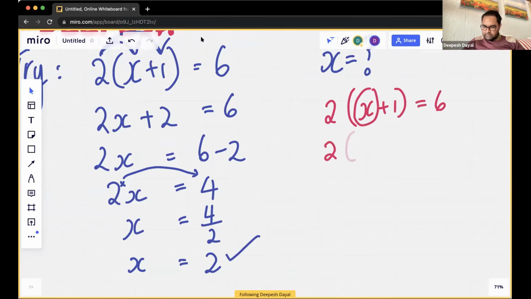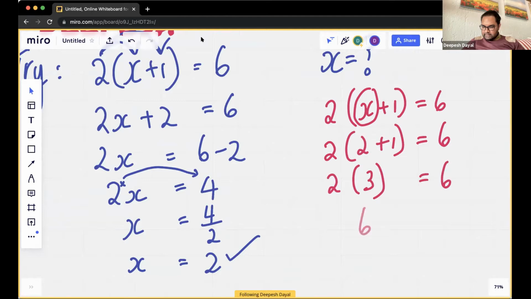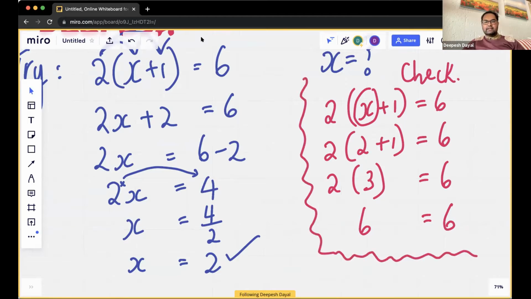So 2 times 2 plus 1 equals 6. So 2 times 3 equals 6. And 6 equals 6. So this is just used to check. And through the check, we can see that it is indeed the correct answer. Yes, everybody?